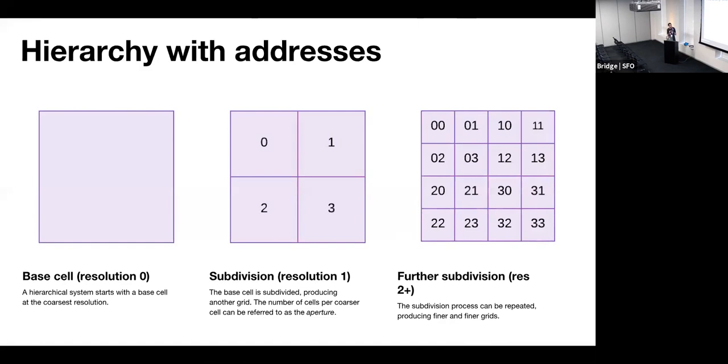So I can say in the top left quadrant of the grid, take the top right cell, and that refers to the cell that I've marked as 0, 1, 0 being that first subdivision, and 1 being the subdivision within that. So this allows us to have a tree structure to the grid and allows us to implement all sorts of tree algorithms on top of it and all sorts of data aggregation algorithms on top of that.